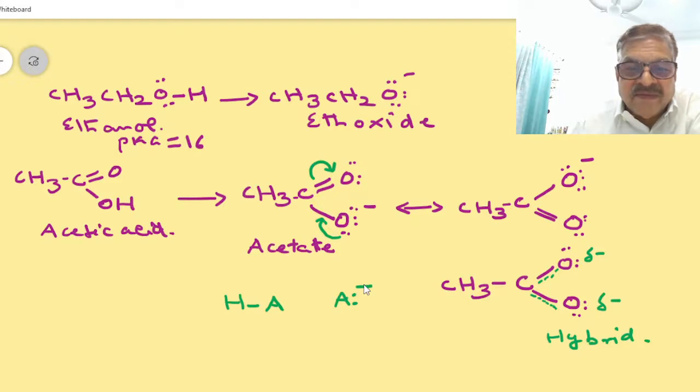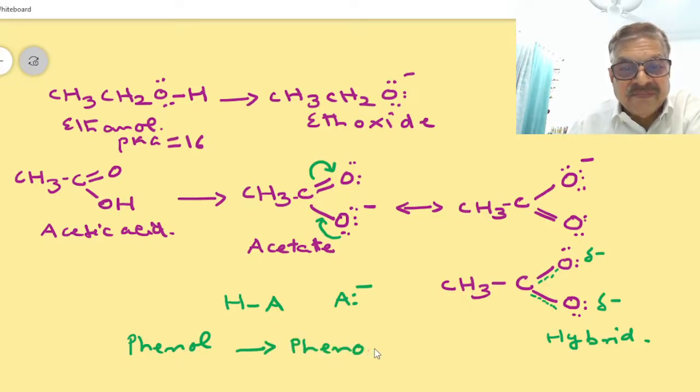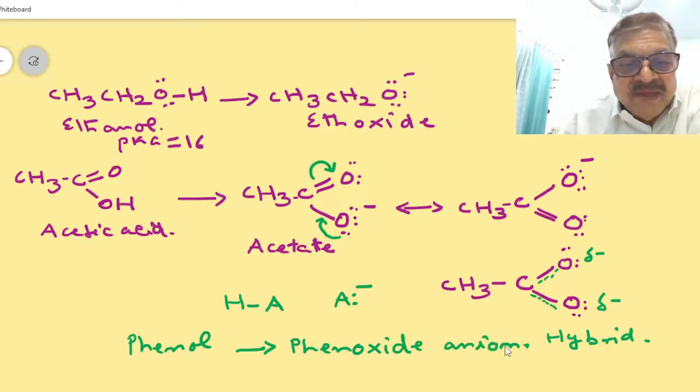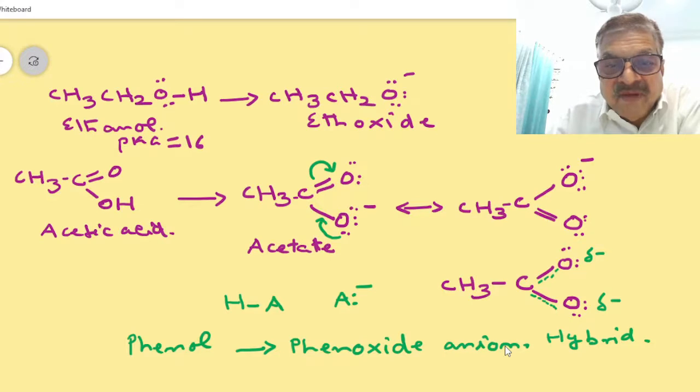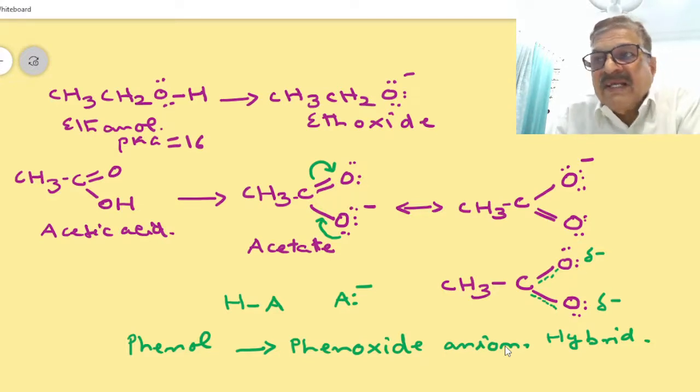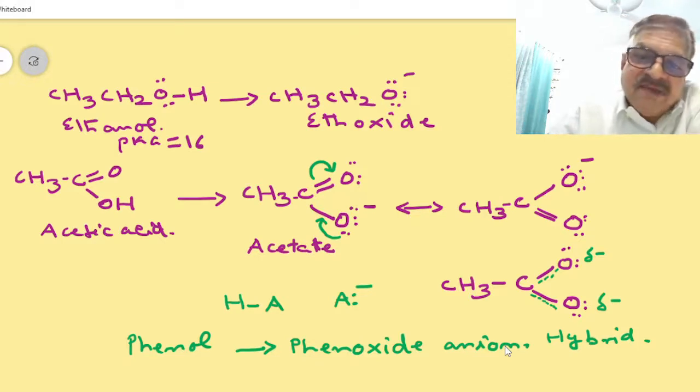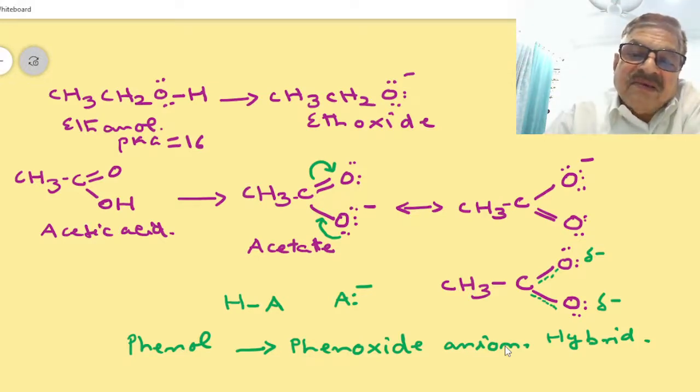Now let us compare with phenol. Phenol will give you the phenoxide anion as its conjugate base. So now let us compare the relative stabilities of the conjugate bases, phenoxide, acetate, ethoxide, and see which is more stabilized and which is weaker.